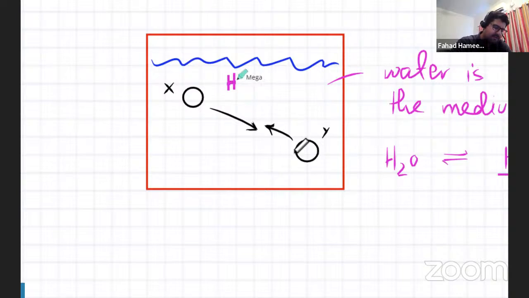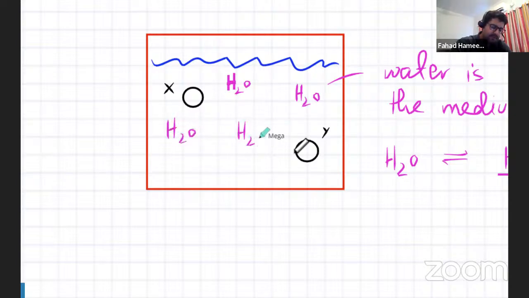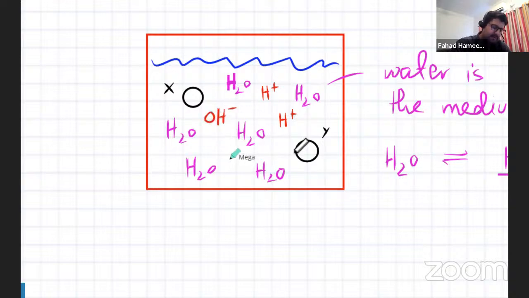There's obviously H2O, so there's lots of H2O molecules, but along with those H2O molecules that are around them, there's going to be H+1 and OH-1 ions as well. Because during collisions, some of the water molecules might break down.